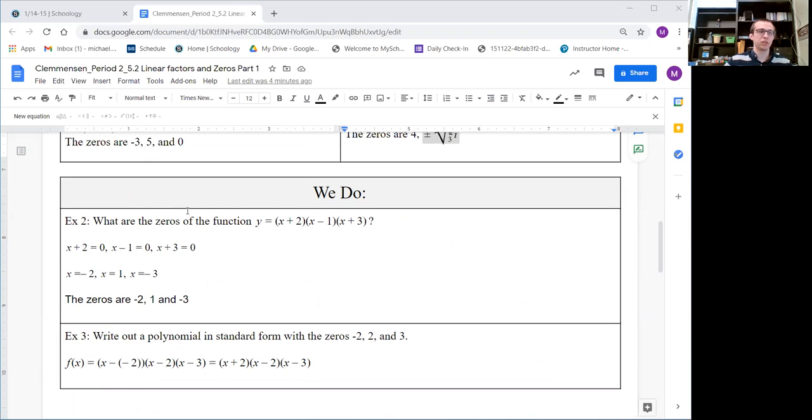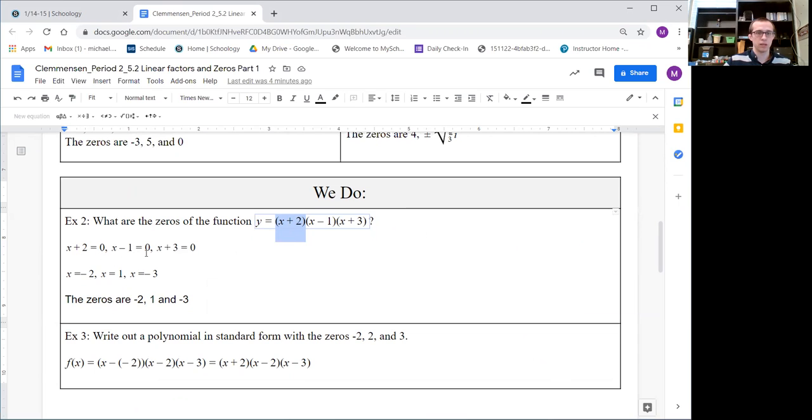Example 2 is actually very simple. It's what we've already been doing. It's when we're given a function in factored form. It's already factored for us, and I'm just trying to find the zeros. To do that, I set each of my parentheses equal to 0. So x plus 2 equals 0, x minus 1 equals 0, x plus 3 equals 0. And then I just solve like usual.